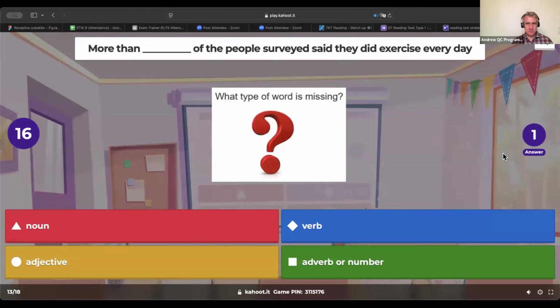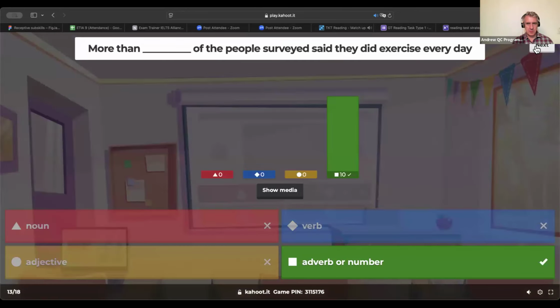Yeah, so knowing about parts of speech can also help your students to deal with the question stems. Good job, adverb.